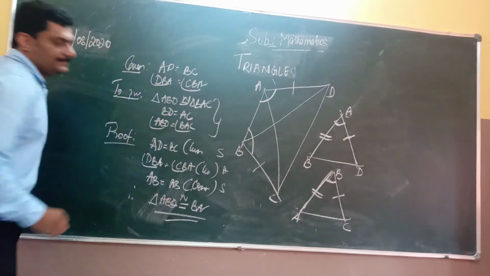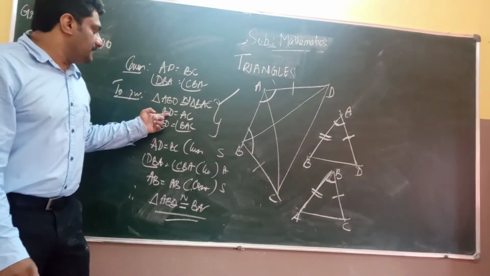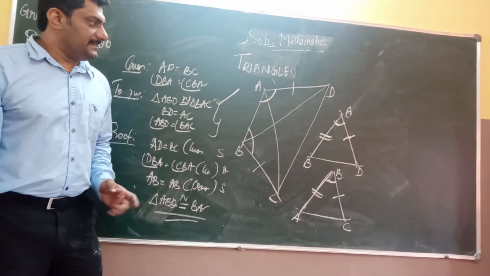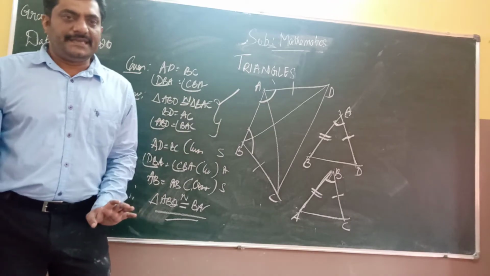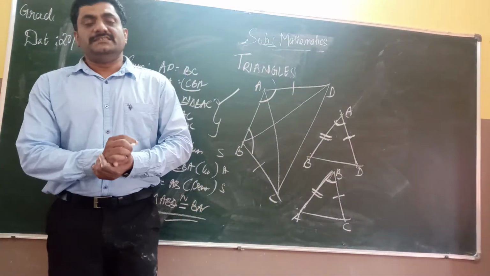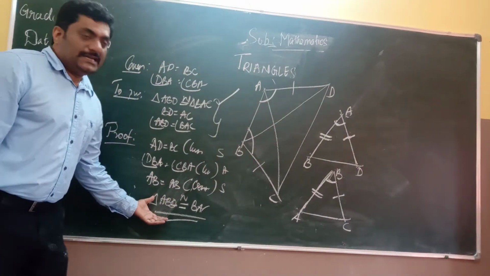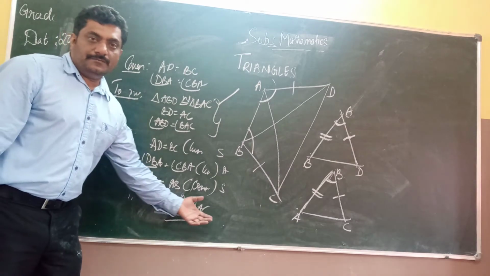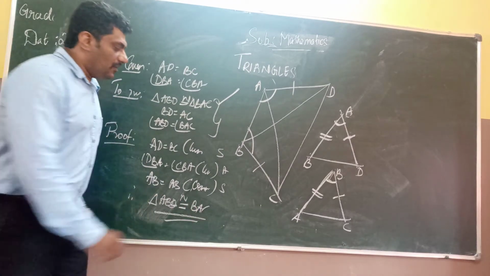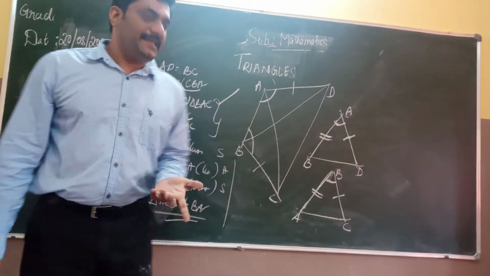We have already done the first one. What is the second one? BD is equal to AC. Now, if you see the diagram again, we have BD and AC, right? You remember when I was teaching this criteria: the moment you prove both are congruent, automatically corresponding sides will always be equal.